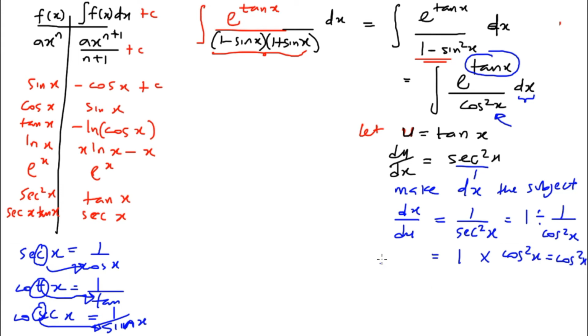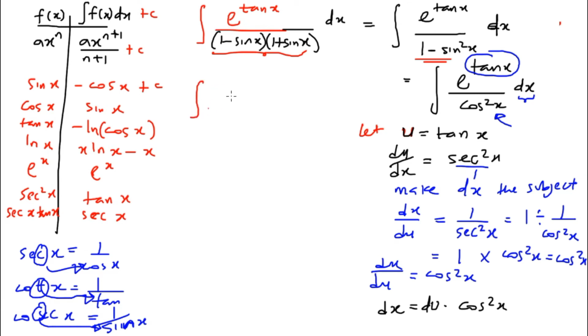So it means that my dx du is equal to cos squared x. That means by simplification, I can make dx the subject by saying dx is equal to du dot cos squared x.